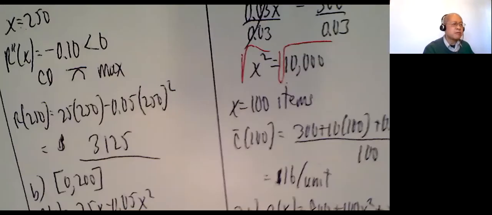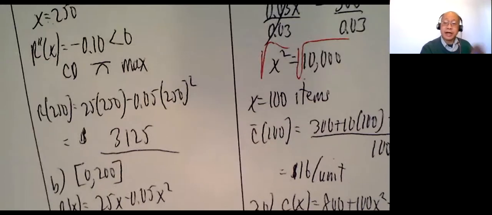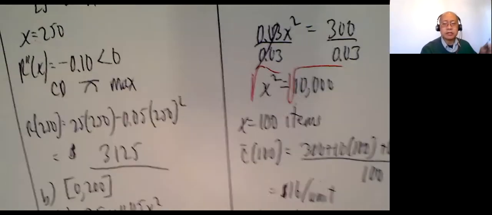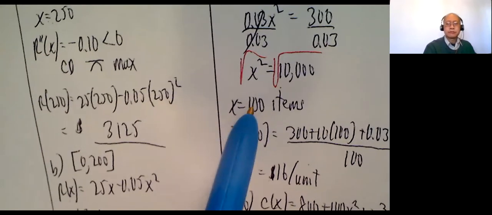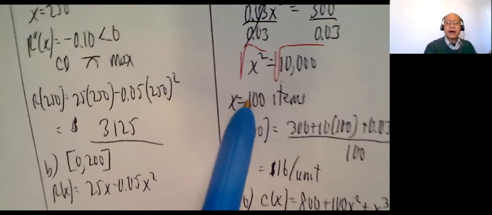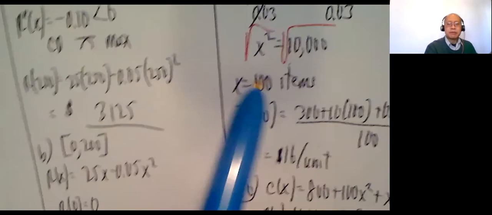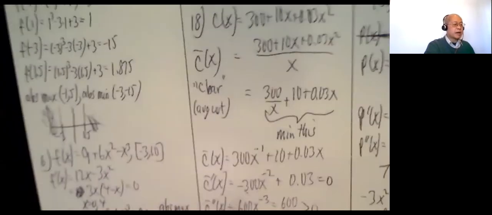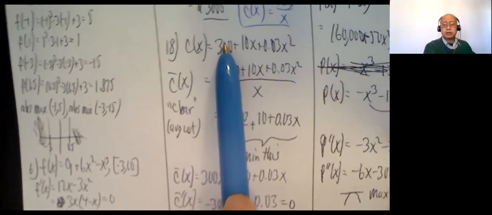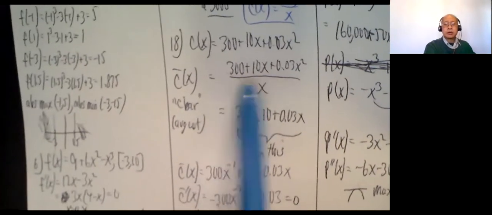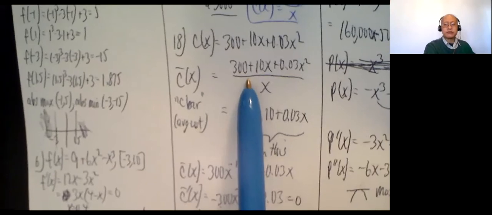Okay, so I can minimize the average cost, not the cost, but the average cost, if my x is 100. Okay, now the problem asks, what is that minimum cost? I take the 100 and plug it back in to here. Not the original. The original is the total cost. I plug into the average cost function.